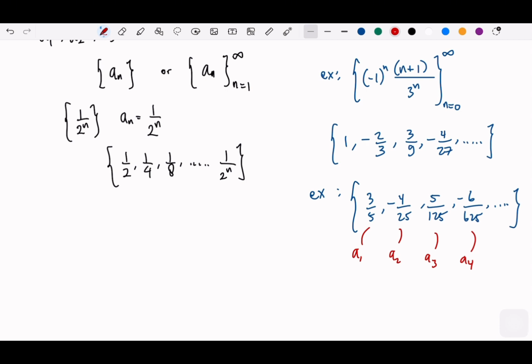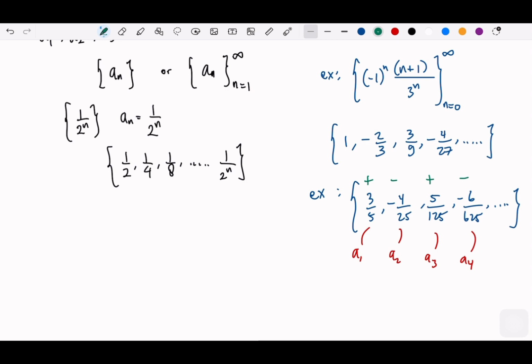So if we look at the pattern, the first thing is we have an alternating sequence. We have positive, negative, positive, negative. So it should have negative 1 with power of something. It can be n or n minus 1, depending on which part we are going to see. Is it negative first or positive? In this case, it's positive first.